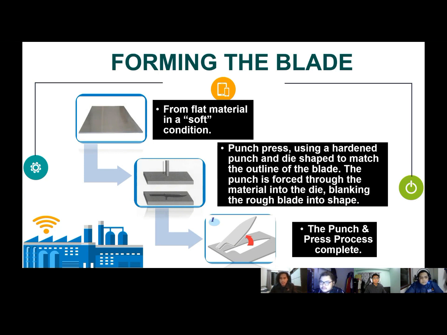The punch press uses the hardened punch and die shape to match the outline of the blade. The punch is forced through the material into the die, blanking the rough blade into shape.